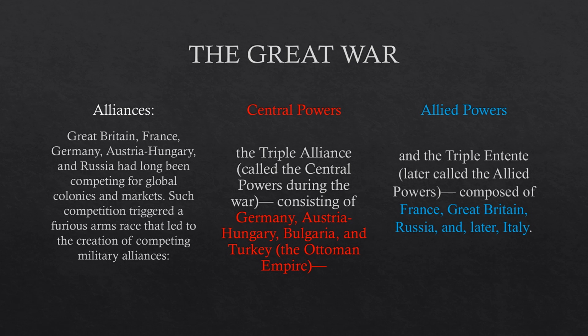Let me tell you, some of these are going to change, okay? And some of these are going to change even more in World War II. So, back to our teams. The members of these two alliances pledged to come to the defense of their partners should they be attacked, thus dividing Europe into two armed camps.